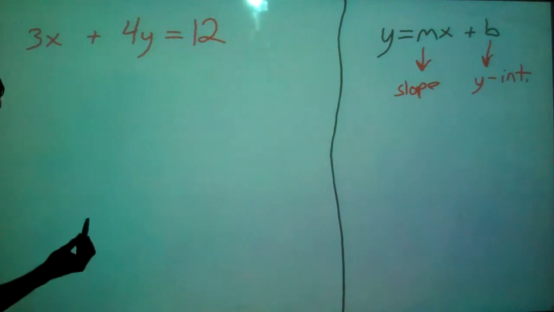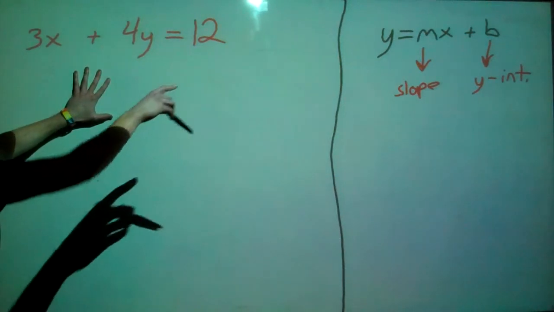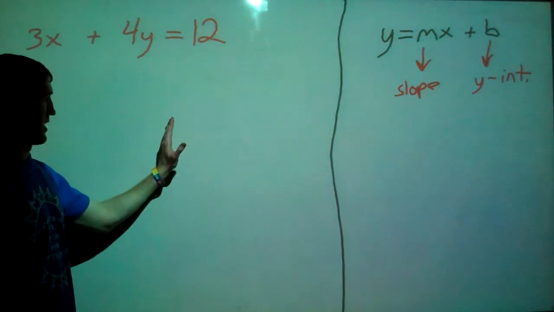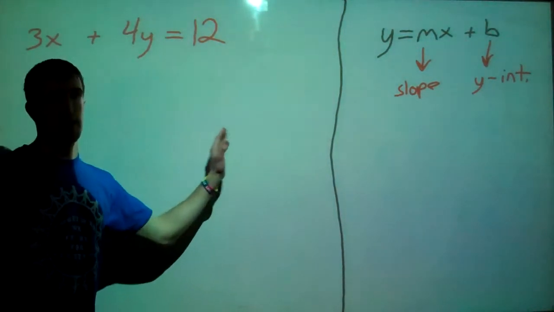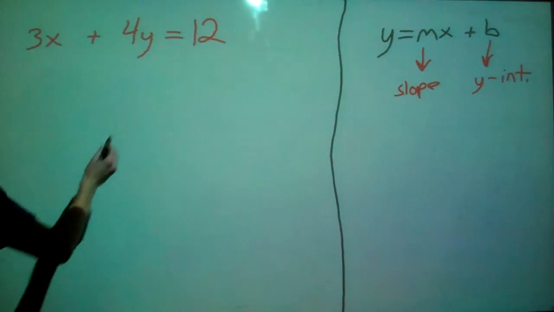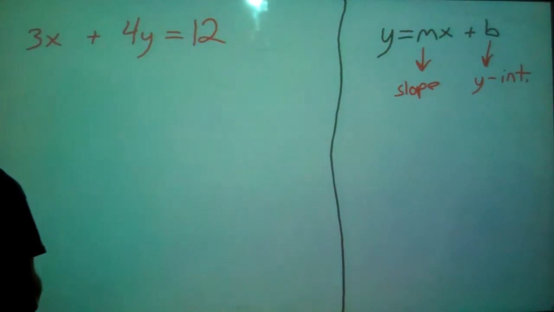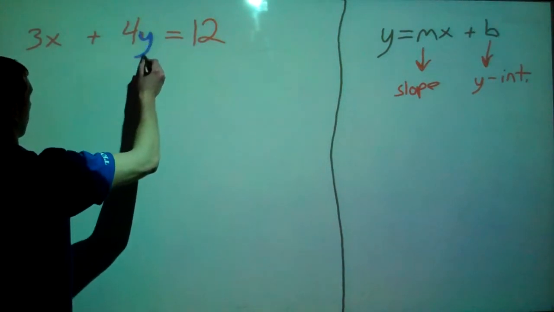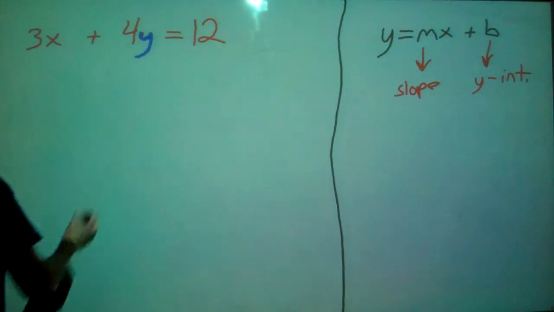So we want y equals slope times x plus or minus your y-intercept. That's our main goal here, which is why we want to solve for y.